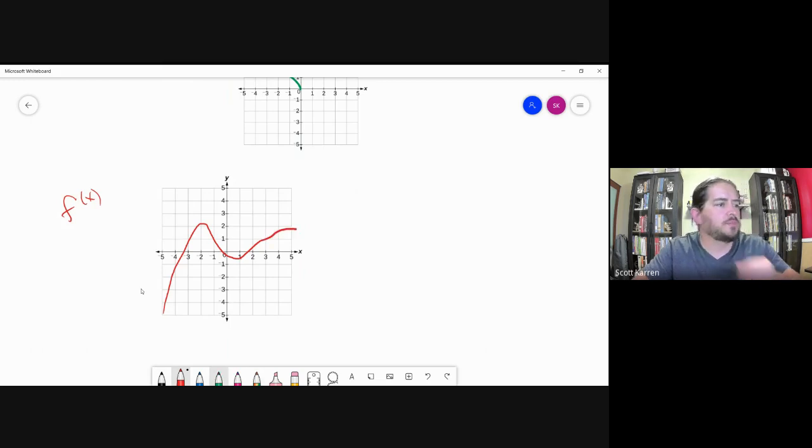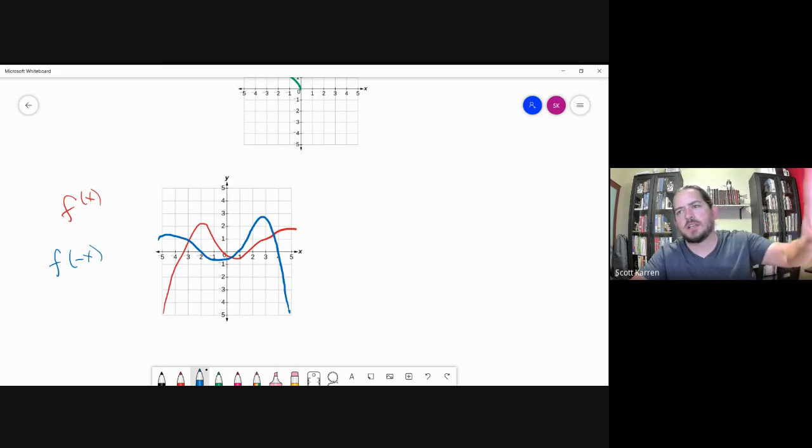Then if I want to, I come in here and say, what is f of negative x? If I replace all of my x's with a negative and see what happens, then it flips it. It's going to look like that-ish, right? It's just going to take that red and flip it all about the y-axis, and so I've created the blue.